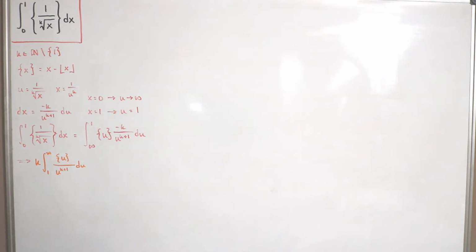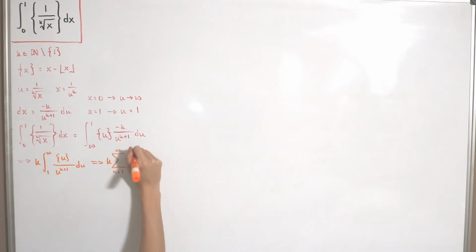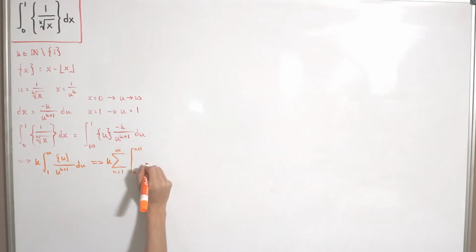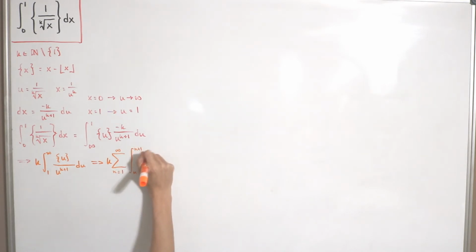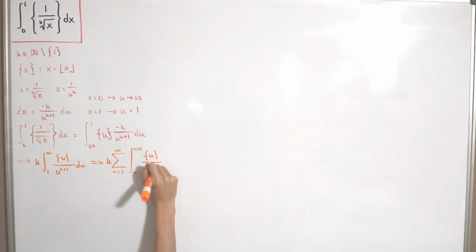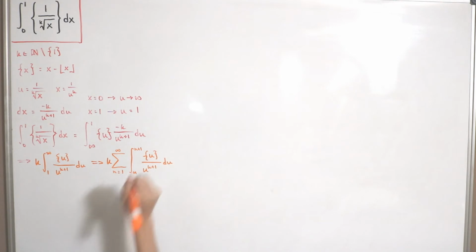This becomes the constant k multiplied by the infinite sum from n equals 1 to infinity of the integral from n to n plus 1 of the fractional part of u, divided by u to the k plus 1, du.